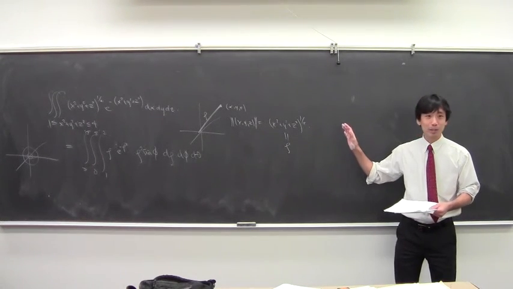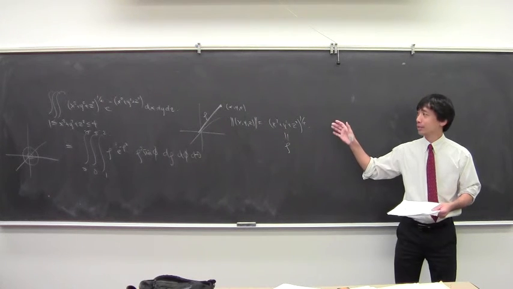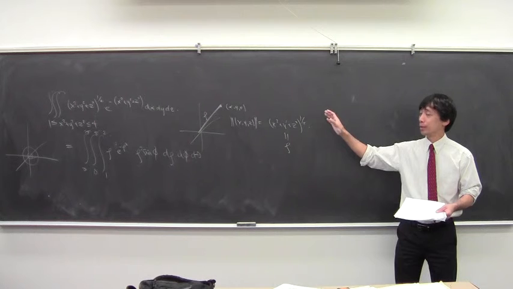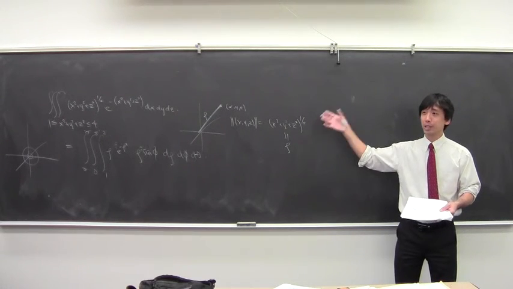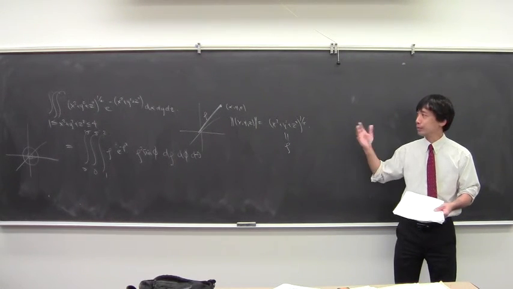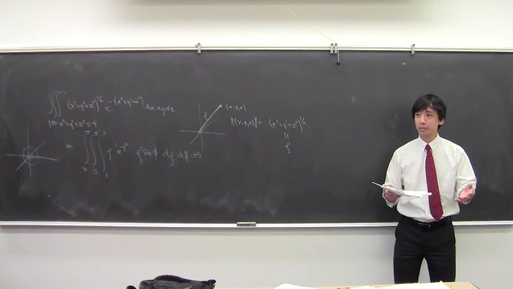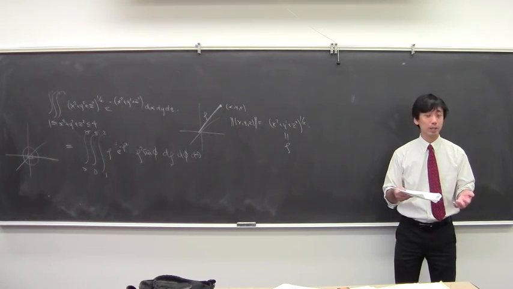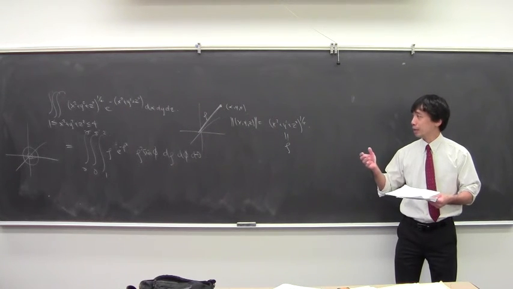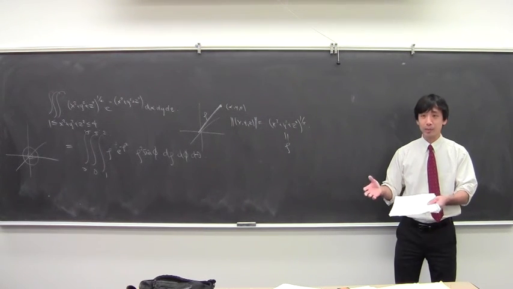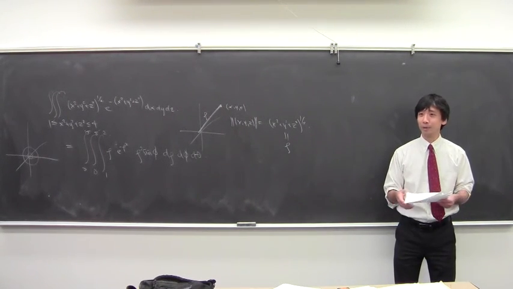So what we've been doing are what are called changes of variables. We have the x, y, z variables, and we're changing to some other set of variables. So far we've seen 3 examples of that: polar coordinates for double integrals, and cylindrical and spherical coordinates for triple integrals. It turns out that these are just 3 examples of an infinity of possibilities.